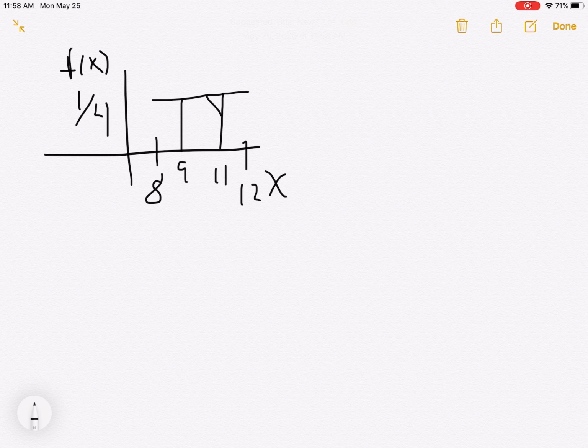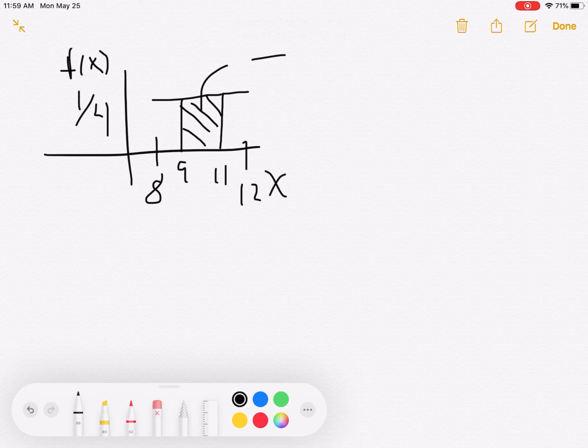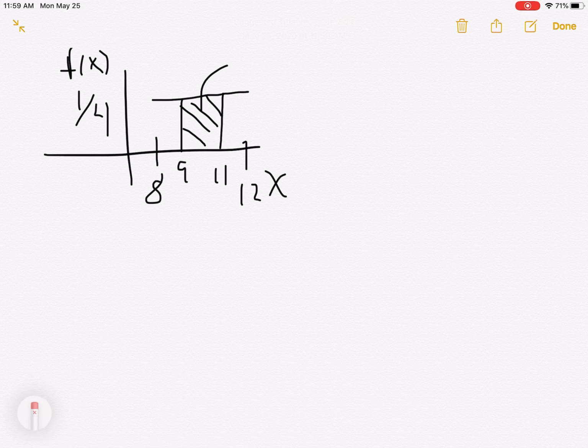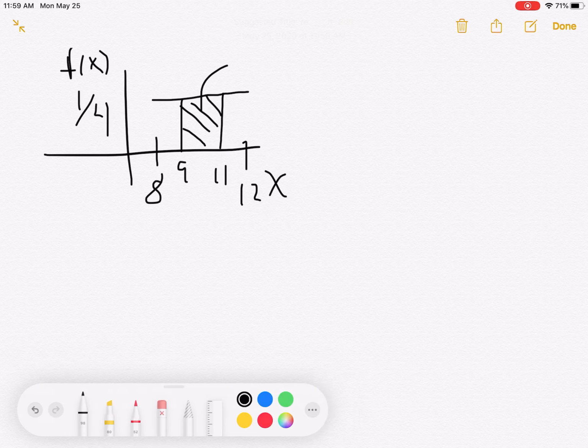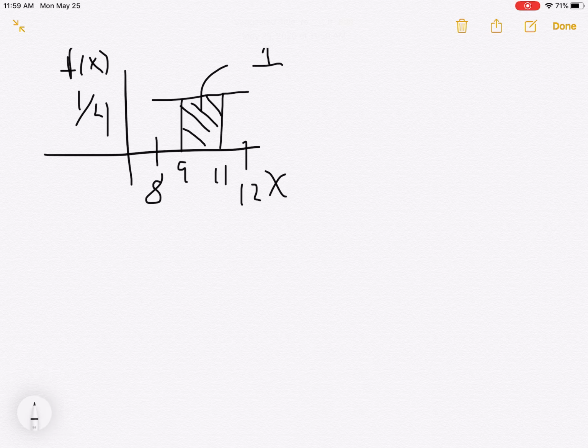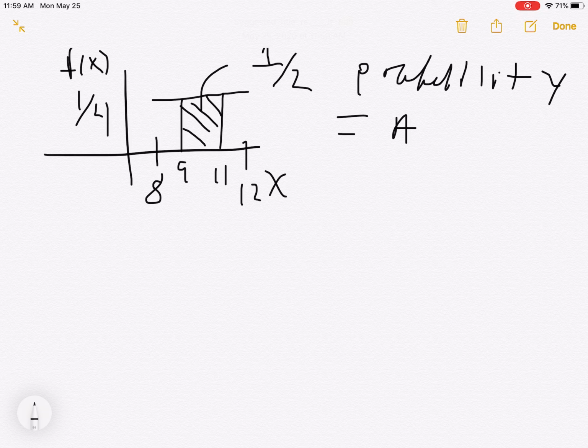So remember, the integral computes this area, and this is a 1/2 probability, which is the same as the area.